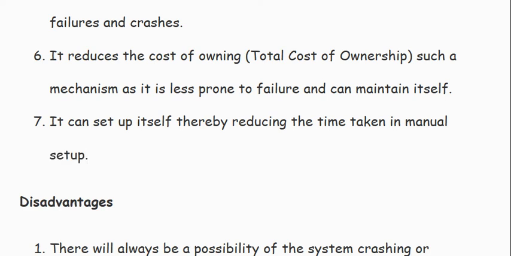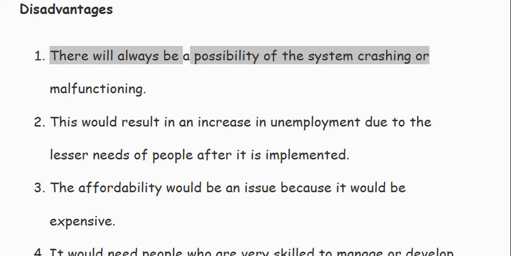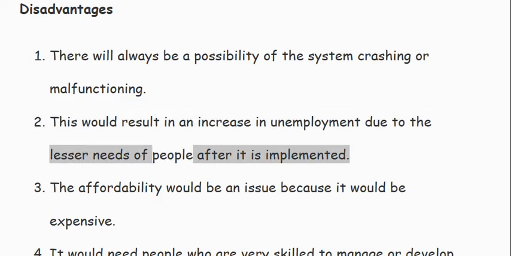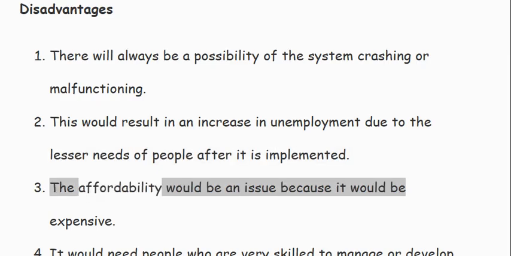Disadvantages. There will always be a possibility of the system crashing or malfunctioning. This would result in an increase in unemployment due to the lesser need for people after it is implemented. The affordability would be an issue because it would be expensive.